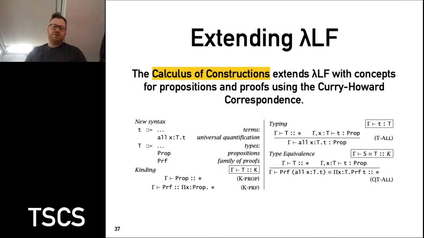Another thing you can do is construct the so-called calculus of constructions, and this takes lambda LF and adds concepts for propositions and proofs. If you remember, in one of the first lectures I talked about the Curry-Howard correspondence between the world of mathematical proofs and the world of typing.